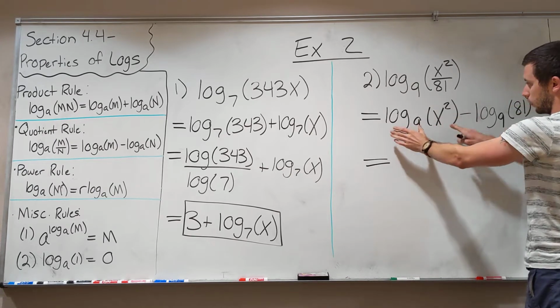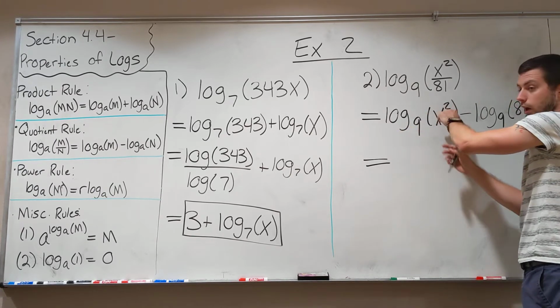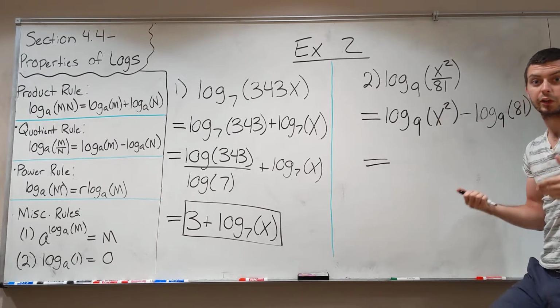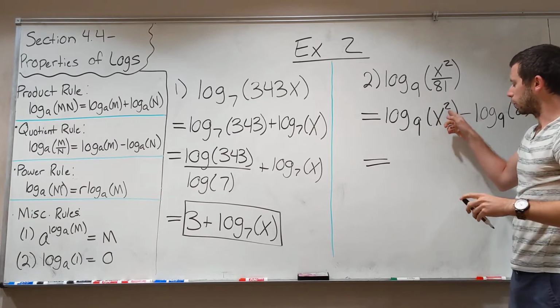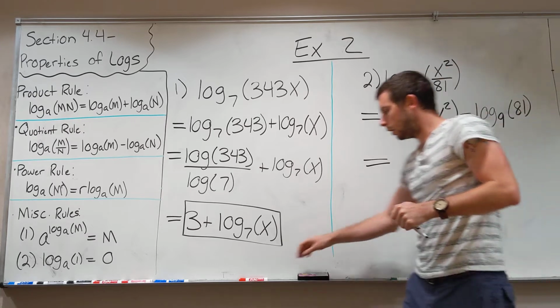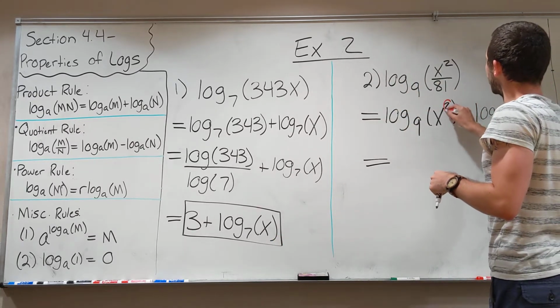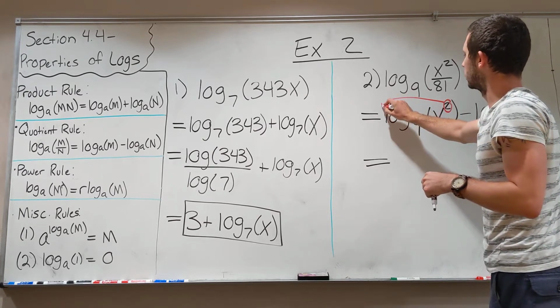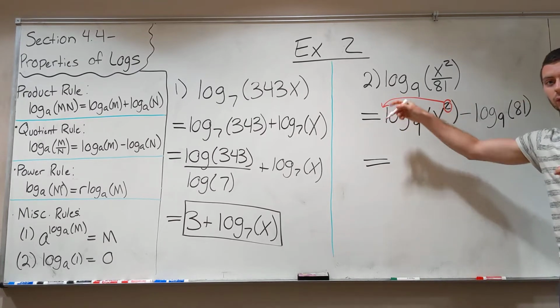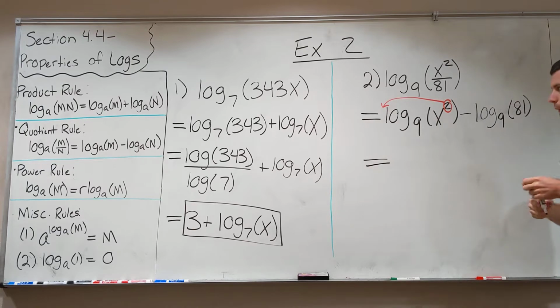And with this one, if you have any powers, bring those powers to the front. So I'm going to utilize this little way to help me remember what to do. This 2 now comes to the front of the corresponding logarithm.